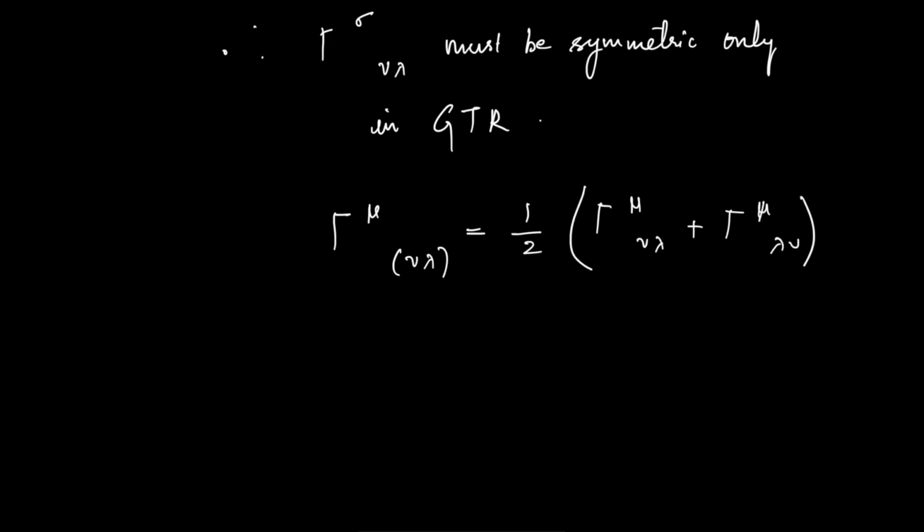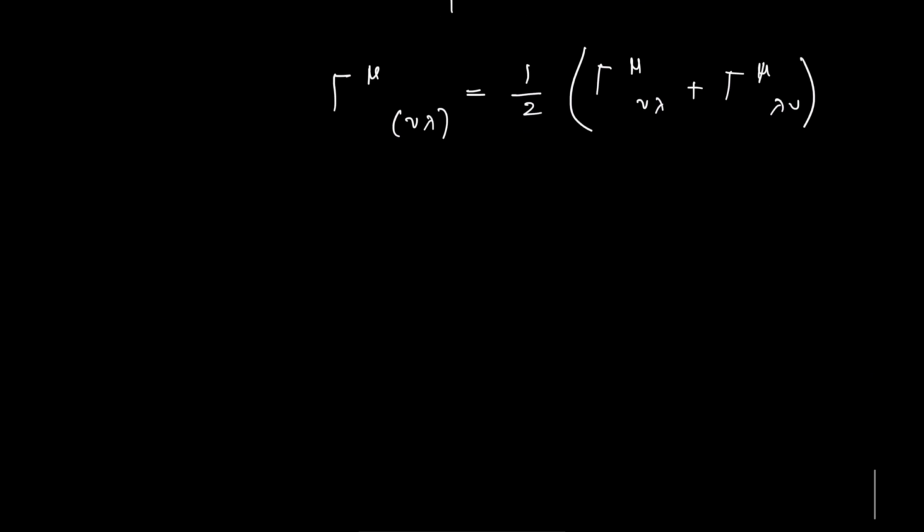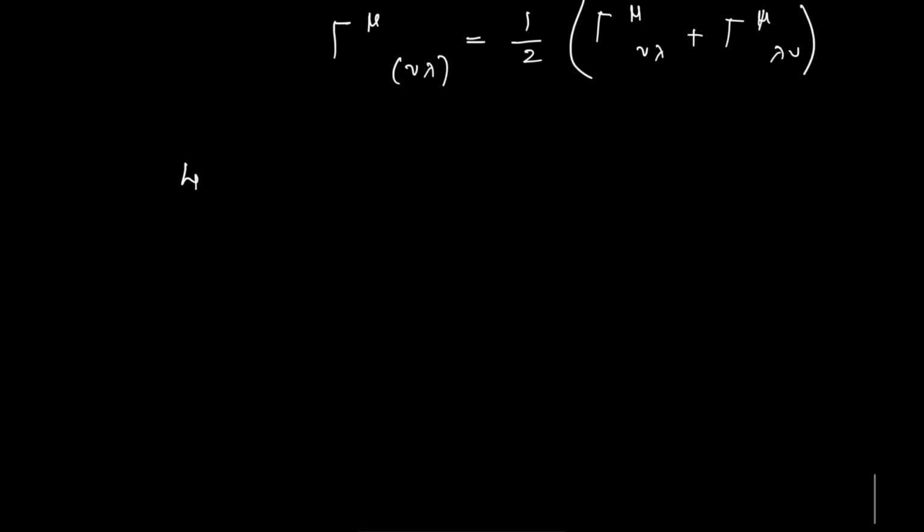So the Christoffel symbol of second kind is symmetric in 4 dimensions. If it is not symmetric, then in 4 dimensions it should have 64 components, but because of its symmetric properties, only 40 components are independent.